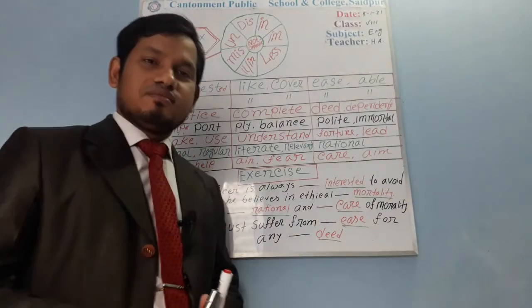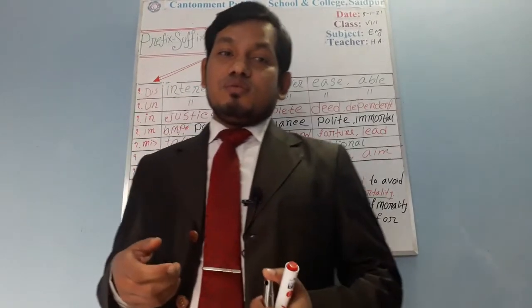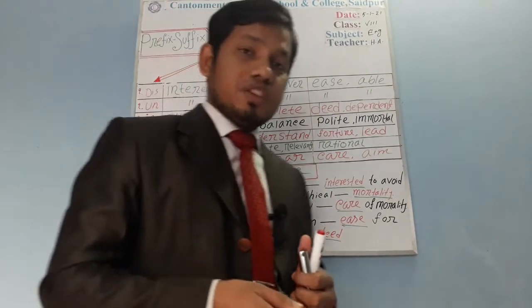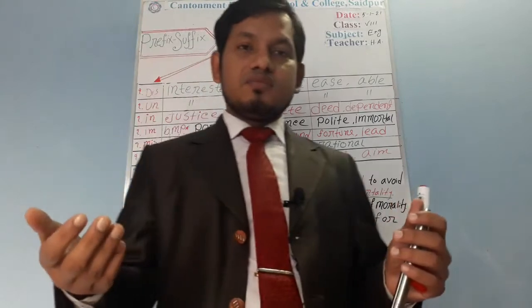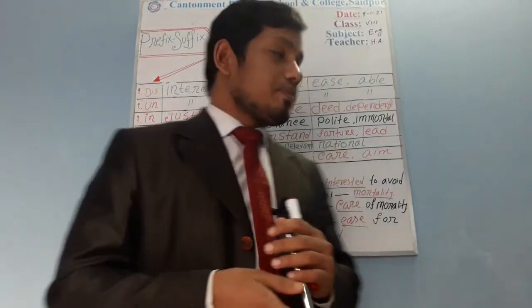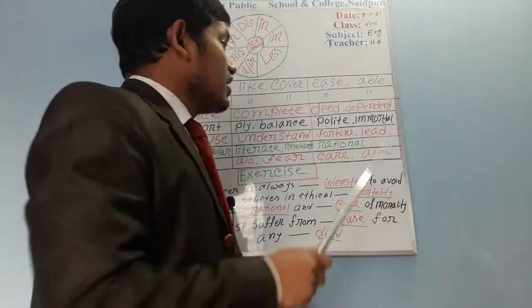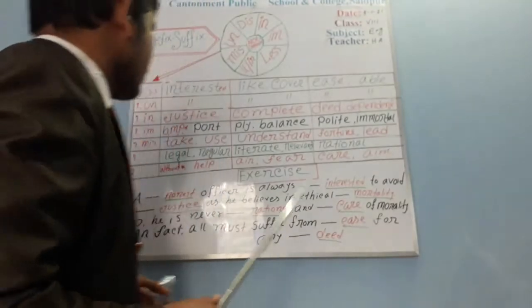Lead. Lead means what? Lead means to give leadership to a particular community or people, but mislead means to lead our life in a wrong way. Mislead here, learners, is the opposite of lead. Lead means to give authority to a particular people.